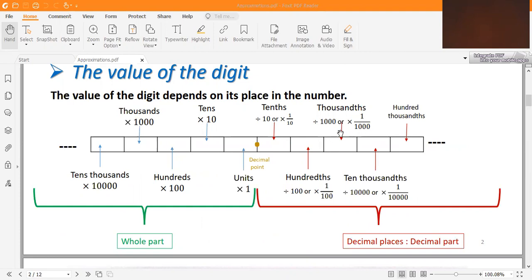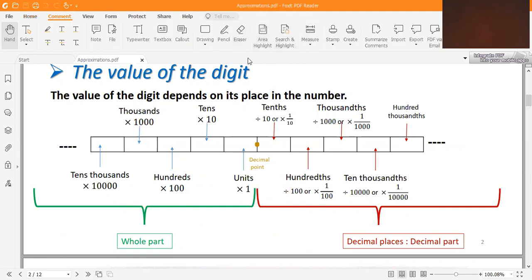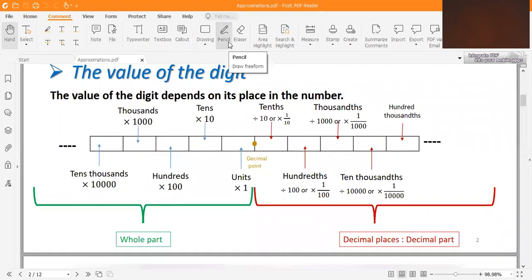We have a real number. A real number in general contains a decimal point, as we see here in this graph.